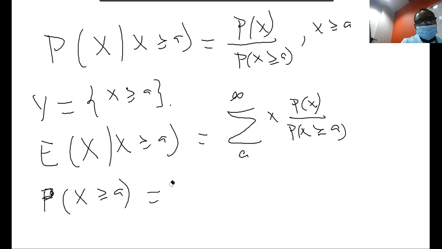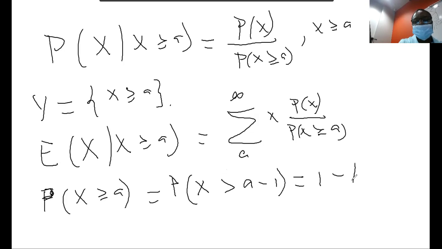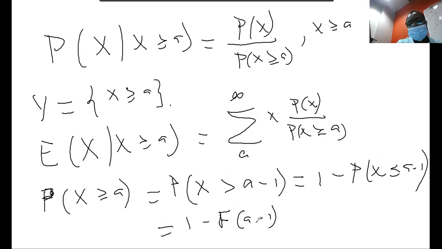I don't want us to spend the time doing this. This is P of X greater than a minus 1, which is 1 minus P of X equal to a minus 1. And we got this one last time. Can you find it in your notes?